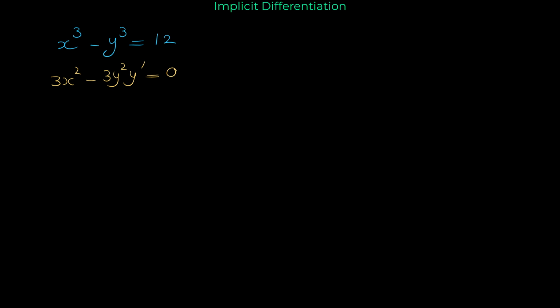If we solve this for y prime, then we have 3y to the 2 y prime equals 3x to the 2. If we divide both sides by 3y to the 2, y prime equals 3x to the 2 over 3y to the 2.